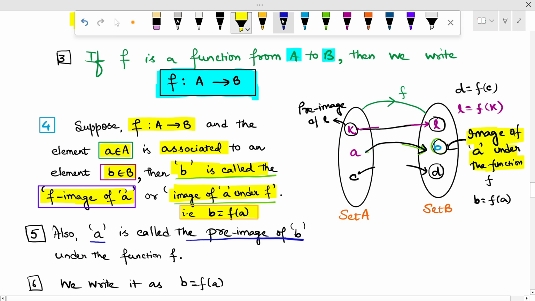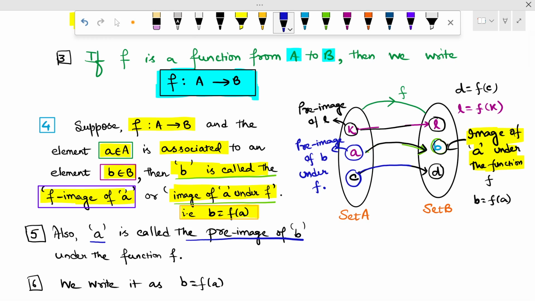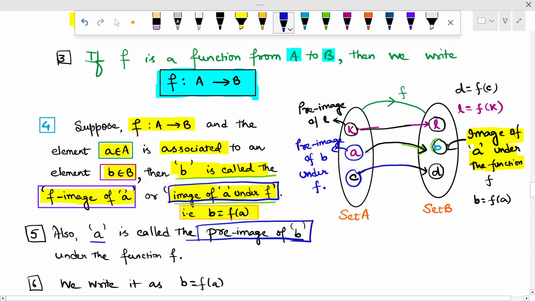So this a is the pre-image of b under the function f. Similarly, this c is the pre-image of d under the function f. So I think the concept of image and pre-image of a function is clear to all of you.